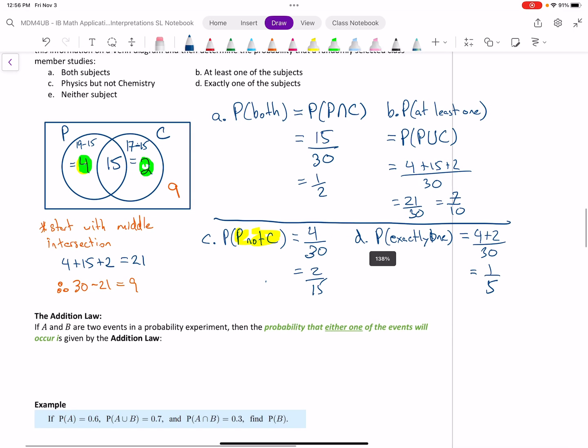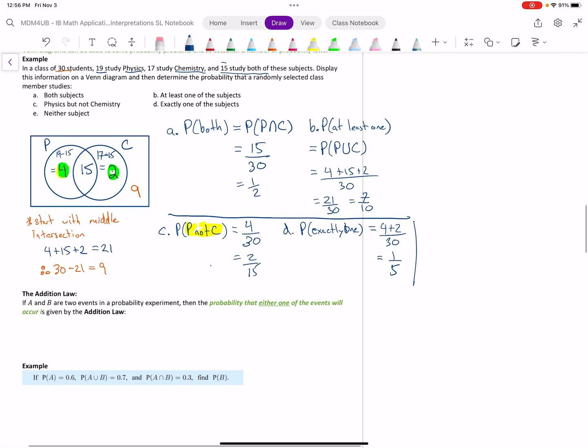And then the last one, neither subject. That's the part we already figured out at the beginning, the number who don't study either. So probability of neither is going to be 9 out of 30, which becomes 3 over 10.